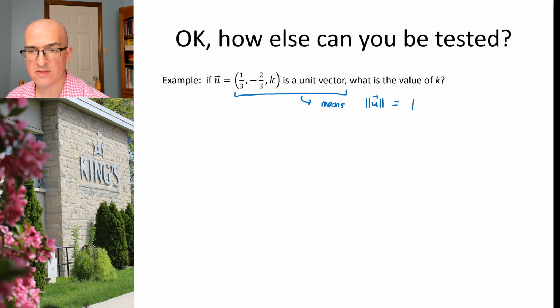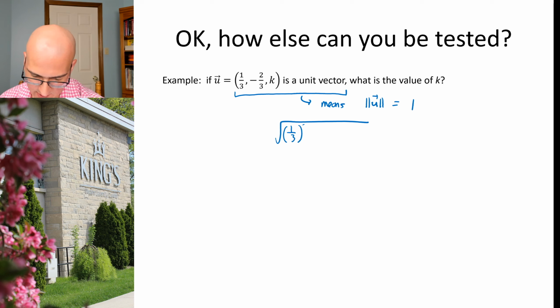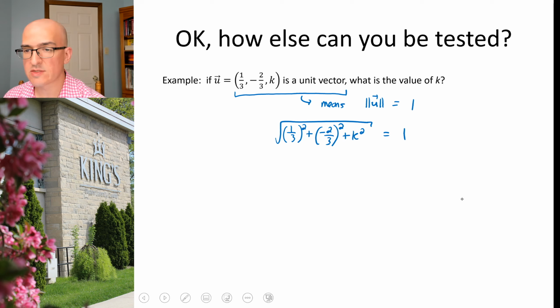Let's find the length of the vector. So the square root of 1/3 squared plus negative 2/3 squared plus k squared must be equal to 1. Okay, next thing I'm going to do is simplify the inside.